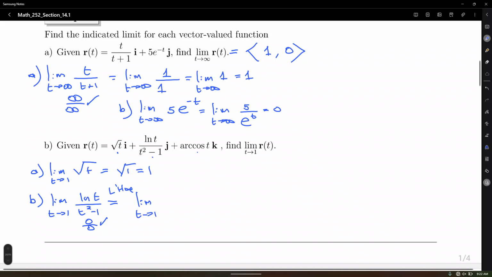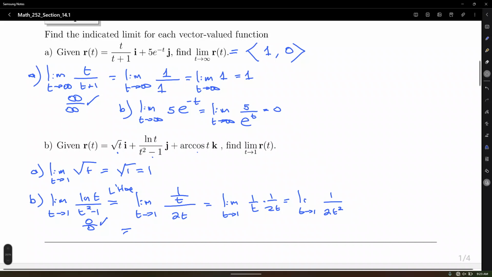The derivative of ln of t, that's 1 over t. The derivative of t squared minus 1, that's 2t. Let's simplify this because it's going to be better to simplify this one. Okay, so that's essentially the limit as t approaches 1 of 1 over t times 1 over 2t. That is the limit as t approaches 1 of 1 over 2t squared, which is, by direct substitution, now let me continue here.